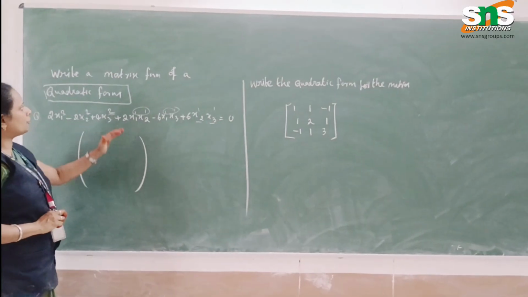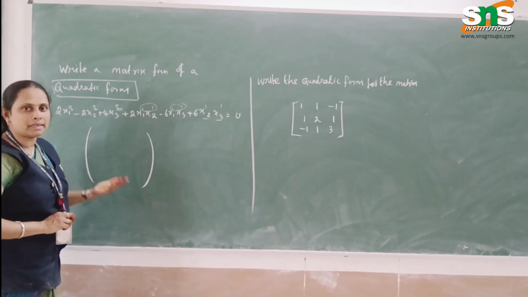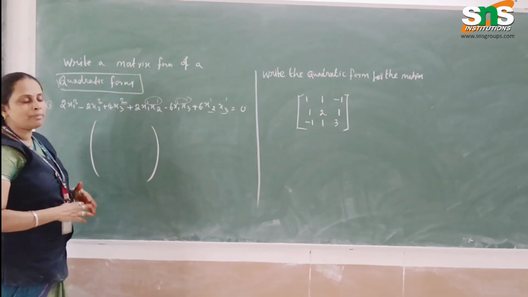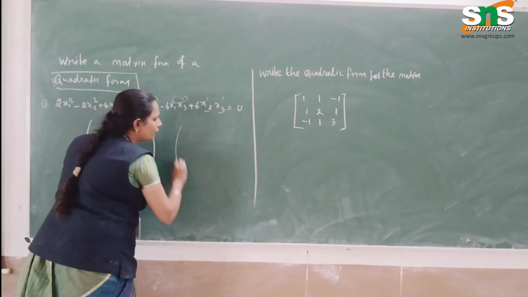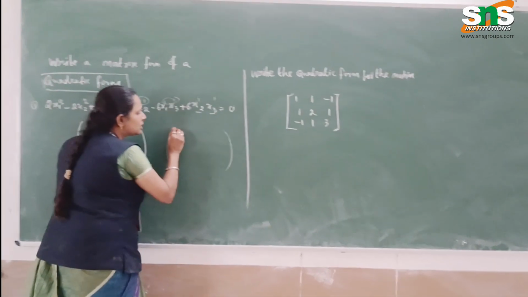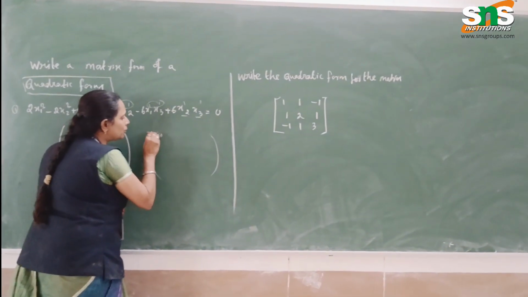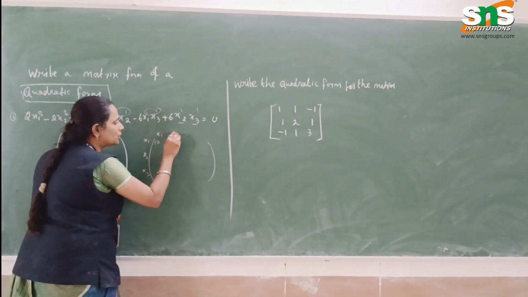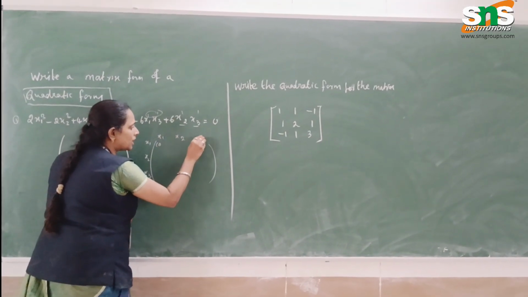In this quadratic form, we have to convert it into matrix form. How can this quadratic form become the matrix form? We have to use the formula. Here the formula is: we have to write x1, x2, x3 here, and here also we have to write x1, x2, x3.